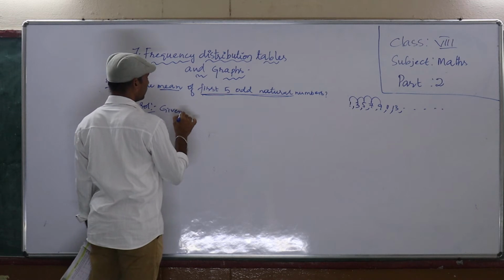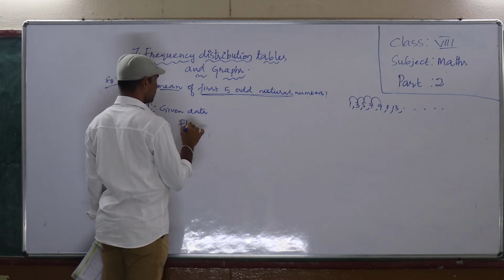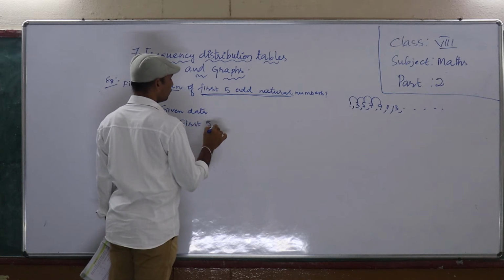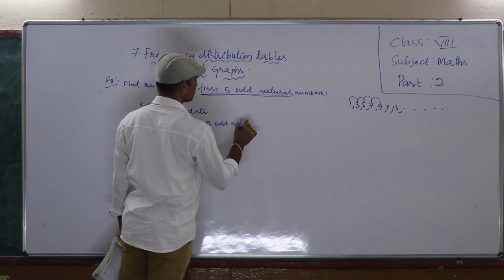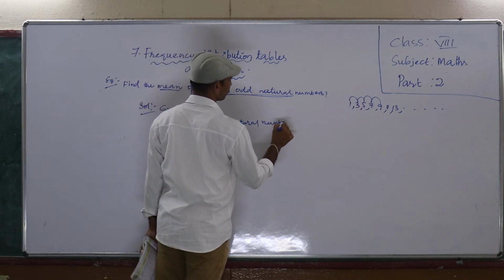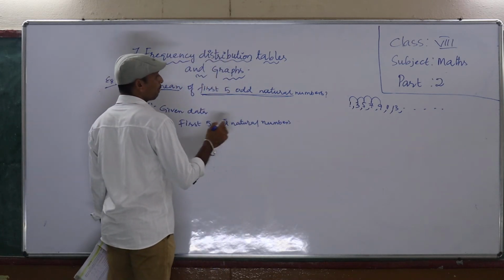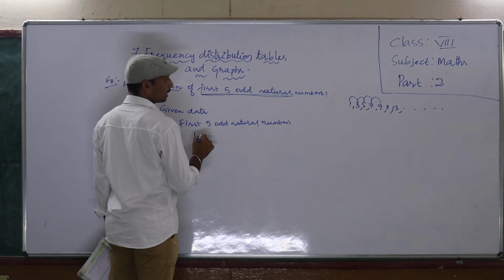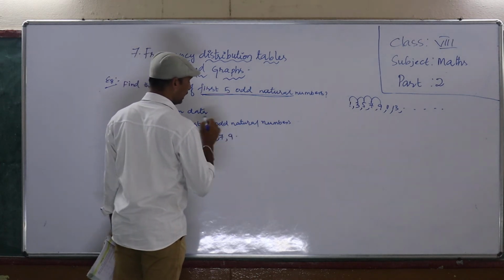So here solution, given data. What is given data? First 5 odd natural numbers. What are they? 1, 3, 5, 7, 9.